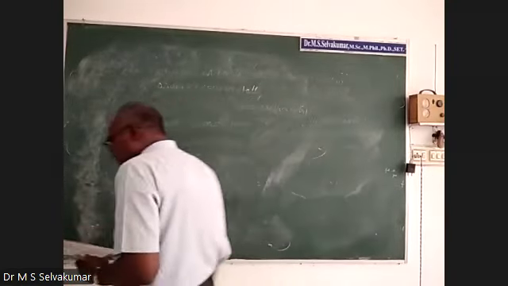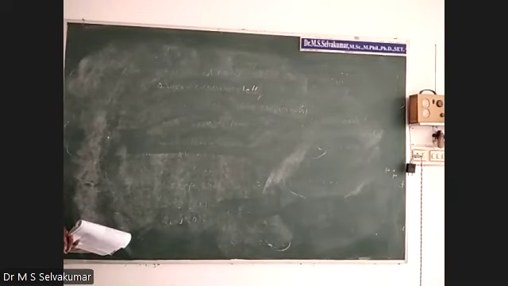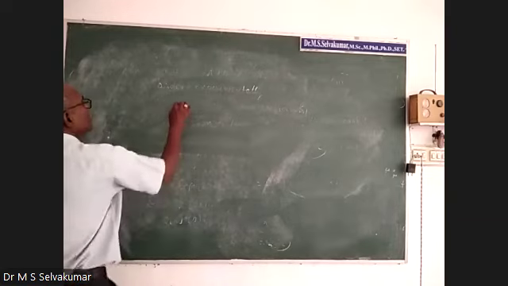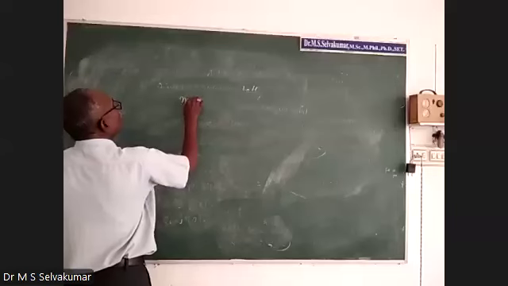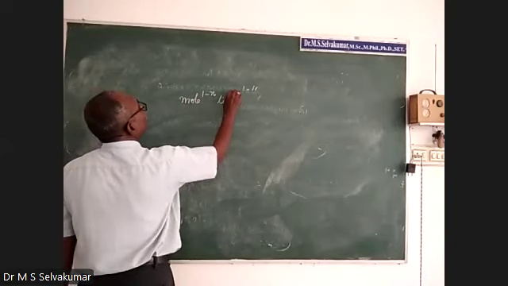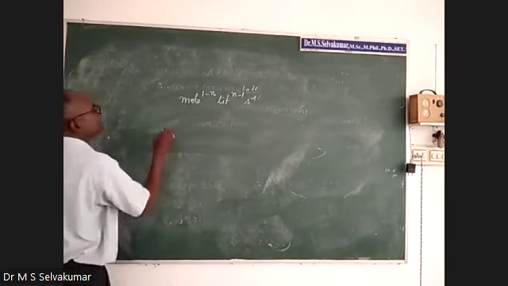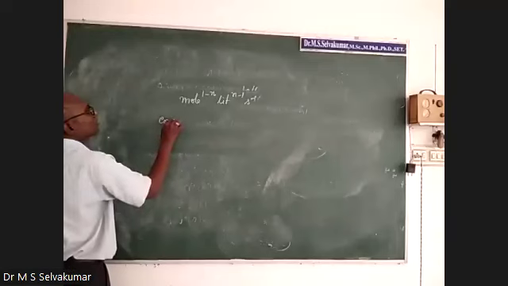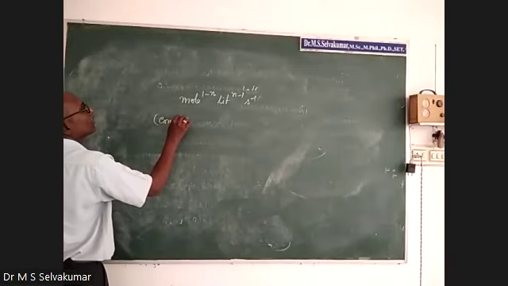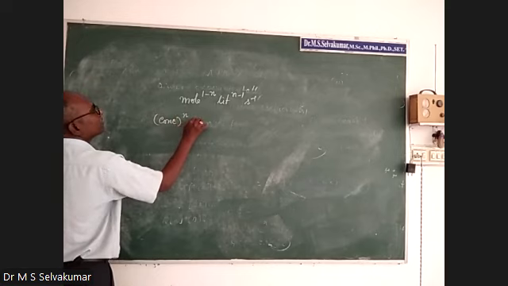Next problem. We have already seen the unit of rate constant for a zero order reaction. I have already expressed this one. The general unit is mole power 1 minus n liter power n minus 1 per second. Actually, this has come like this: concentration power n by second.